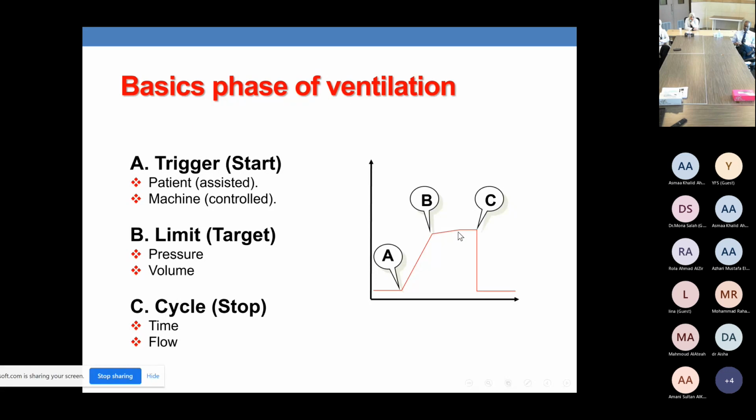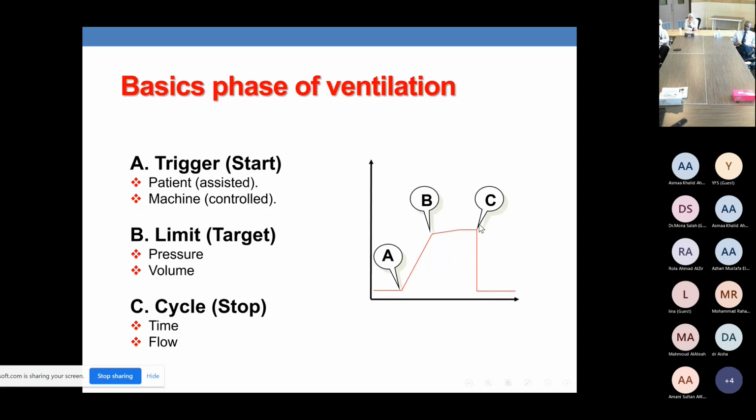Then you keep a plateau. The importance of the plateau is to give time for the alveoli to be recruited, to open up. This time is explained by the inspiratory time, I time, and it helps to get time for the gas exchange.